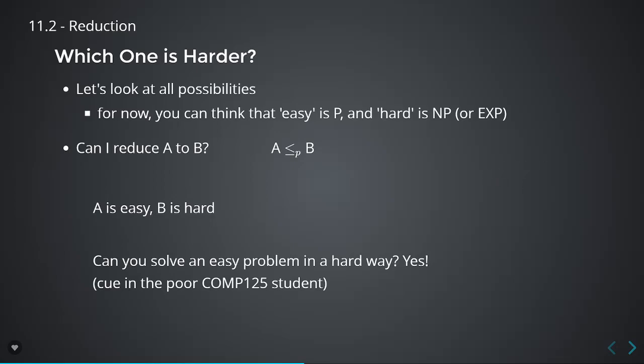Think about that poor Com 125 student again with the sorting and find max. He's pretty famous now. And this guy's really helping you understand this unit. So I can do something easy in a hard way. I can convert linear search into traveling salesman and then solve traveling salesman to find the solution to the linear search. And why on earth would I do that? I won't, right? But still, it can be done. So that is fine.